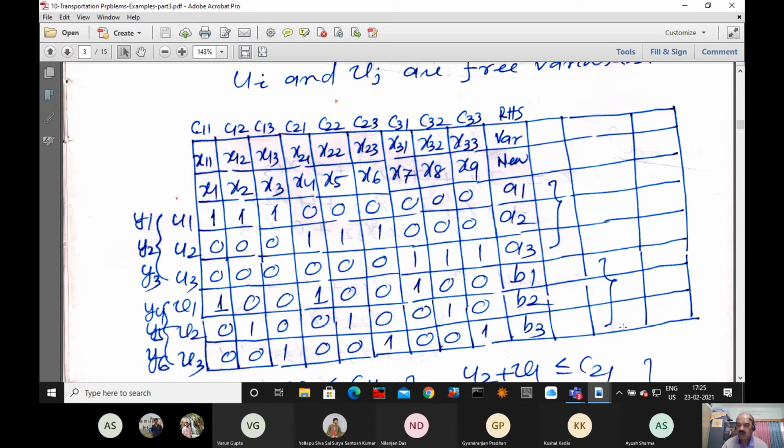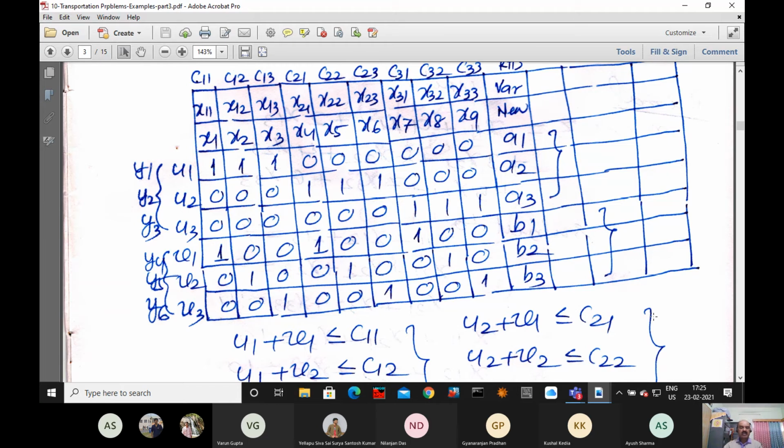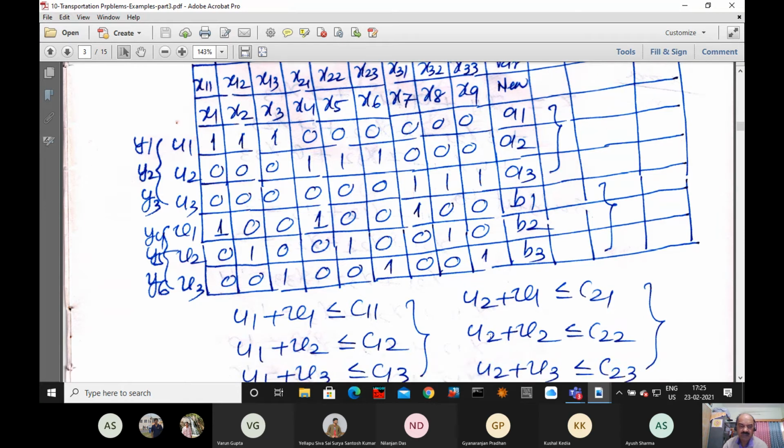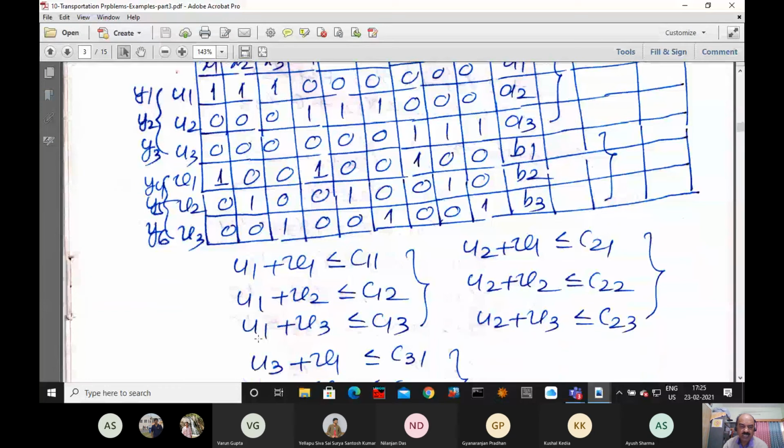Now, if you want to write in this form, we have u1 plus b1 less than or equal to c11. Then u1 plus b2 less than or equal to c12, and u1 plus b3 less than or equal to c13.